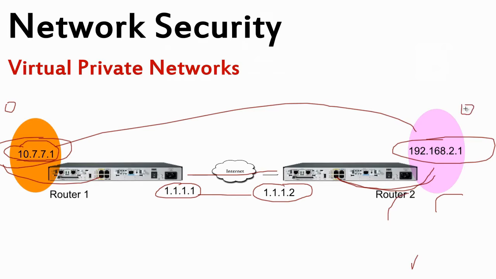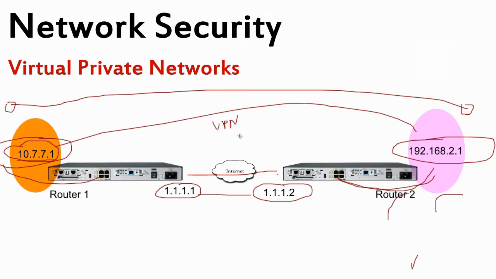I have a device behind this router as well. What I want to do is send a message between these two guys, and that should be sent using my VPN, right? Because it will be encrypted and it should go across my VPN tunnel.